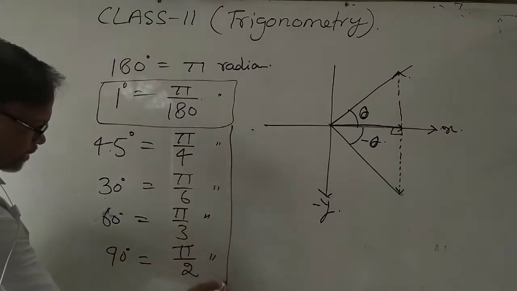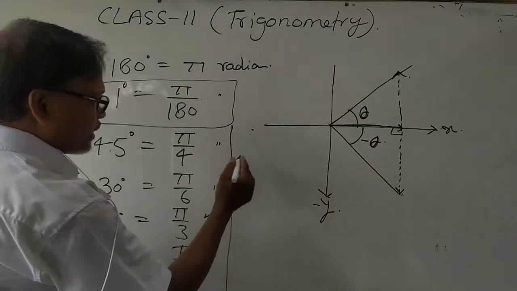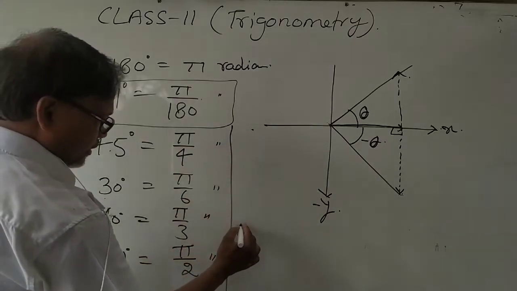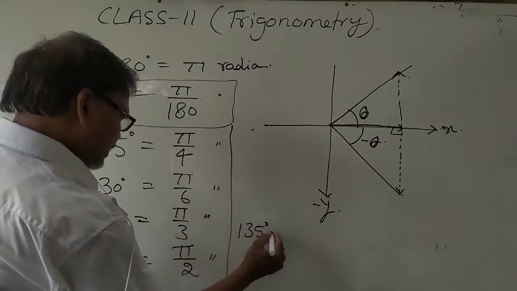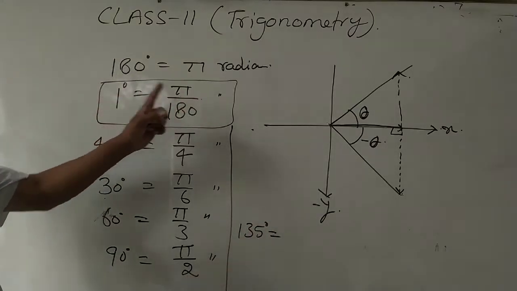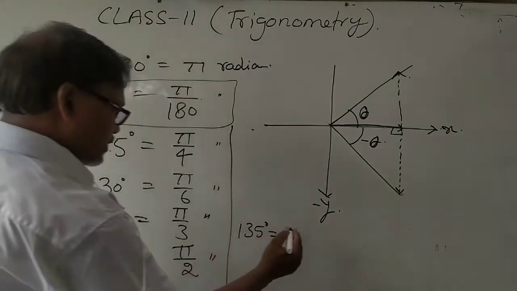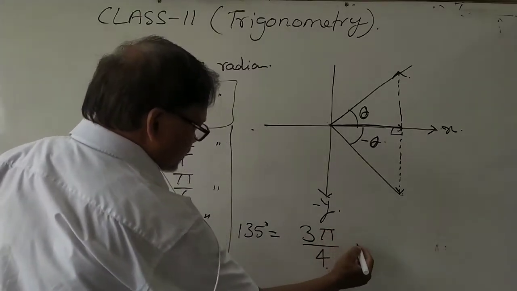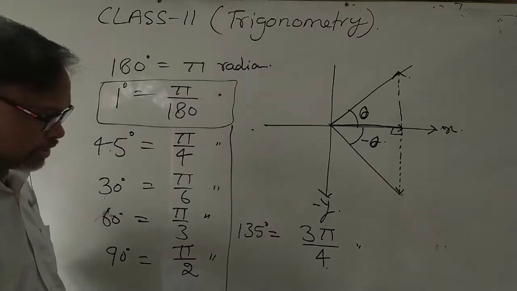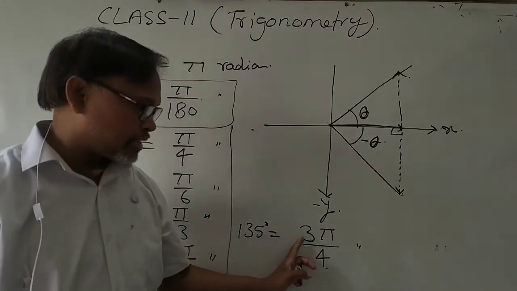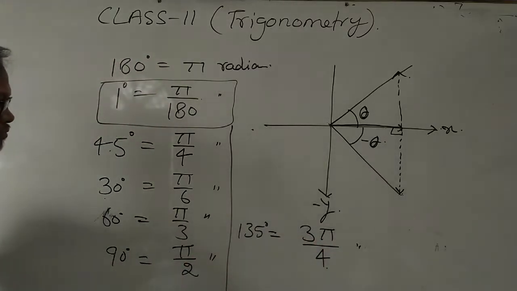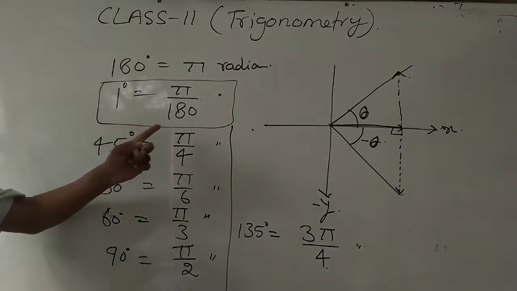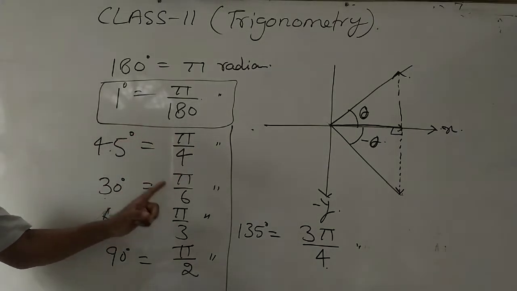And so many angles are there, you can find out. For example, if you want to find 135 degree, multiply 135 degree here, and when you solve you will get 3 pi by 4 radian. You can write 3 pi by 4. In place of 45, pi by 4. In place of 30, pi by 6.